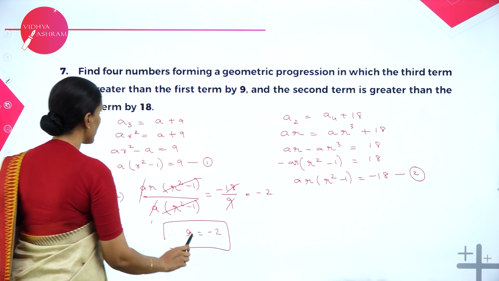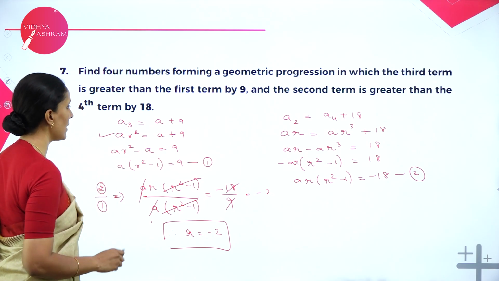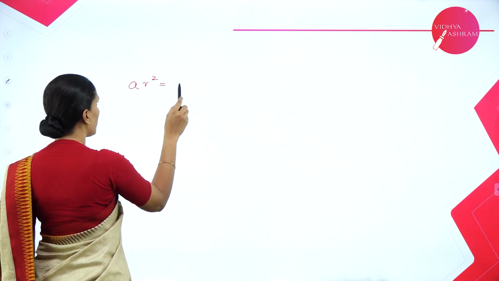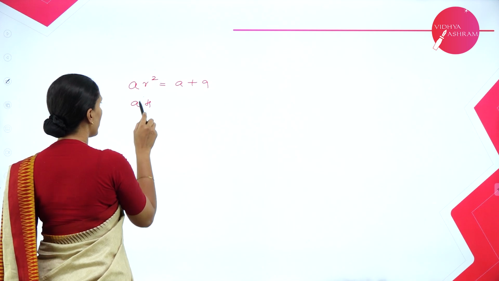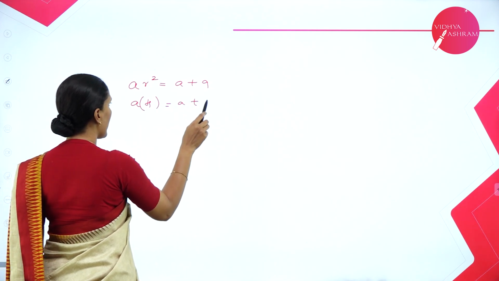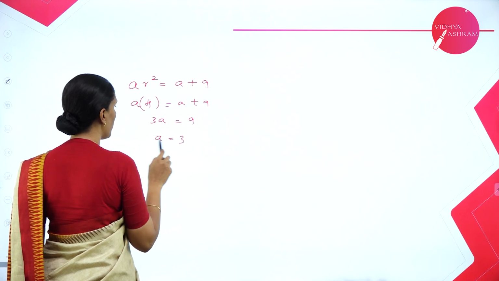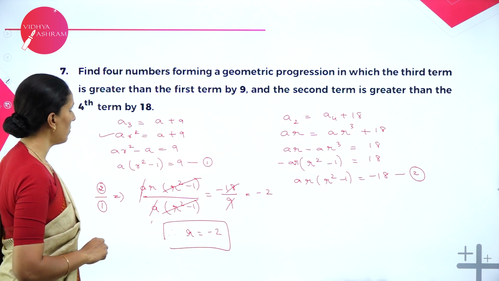Now substitute R is equal to minus 2 in any one of the equations. I'll consider this equation. AR square is equal to A plus 9. So 4A is equal to A plus 9, 3A is equal to 9, A is equal to 3. So A is equal to 3 and R is equal to minus 2.